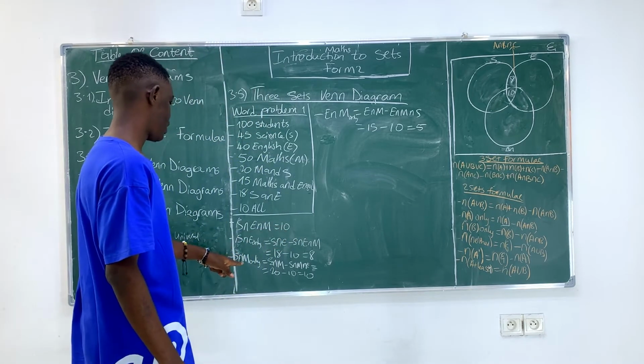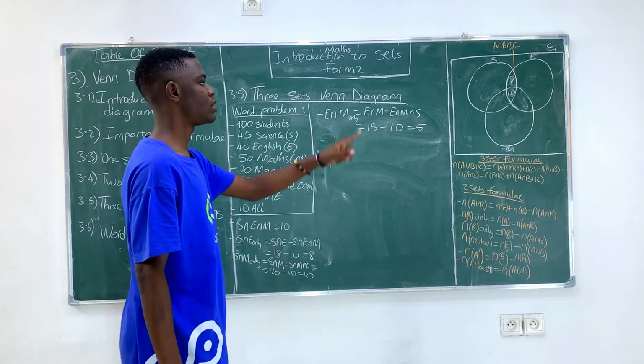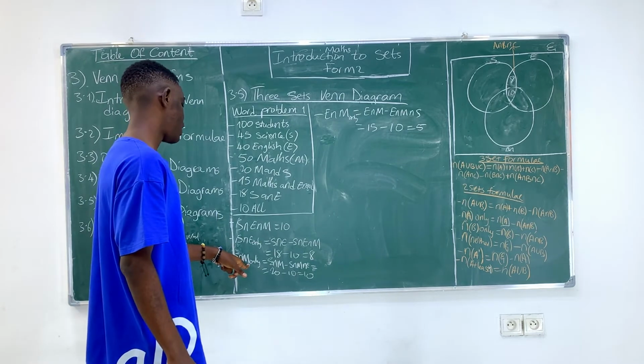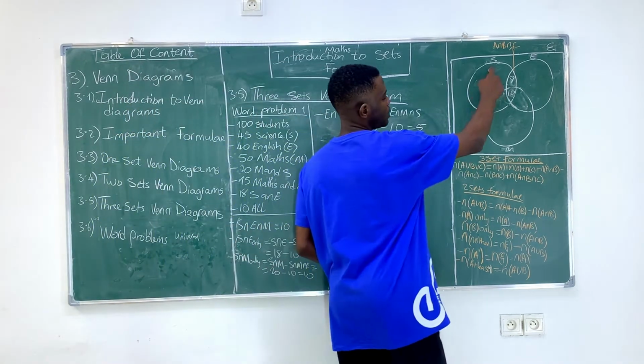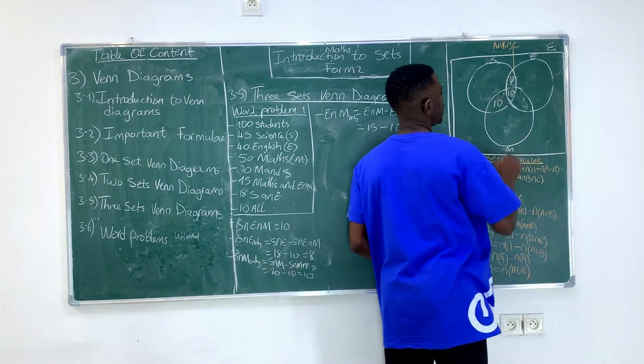So here I have S intersection E, I've written it there already. Is S intersection M 10? S intersection M is 10.